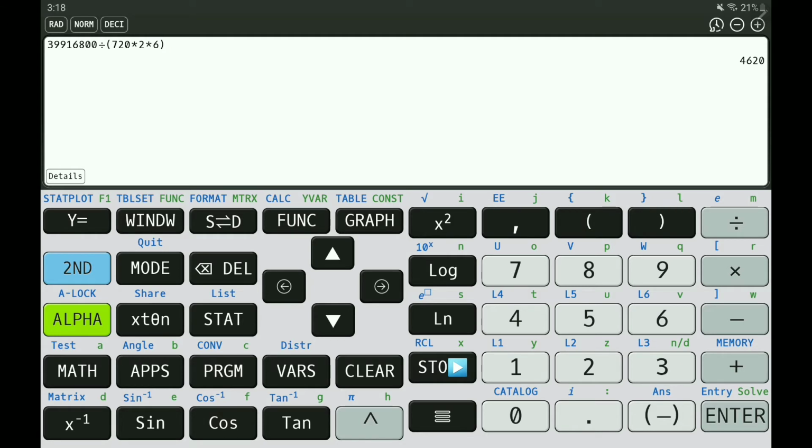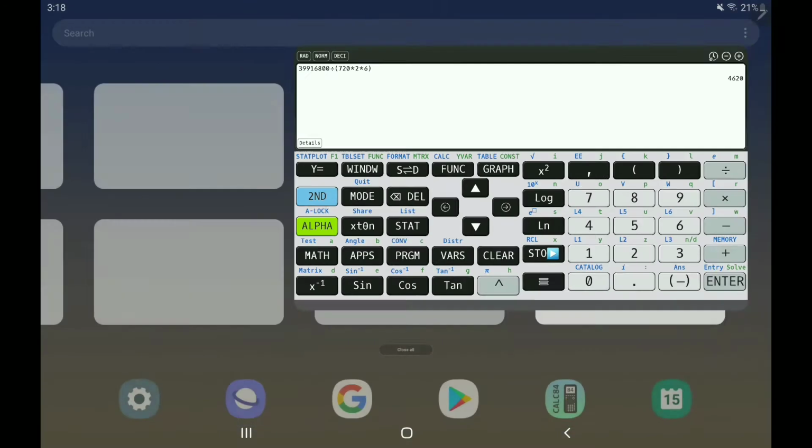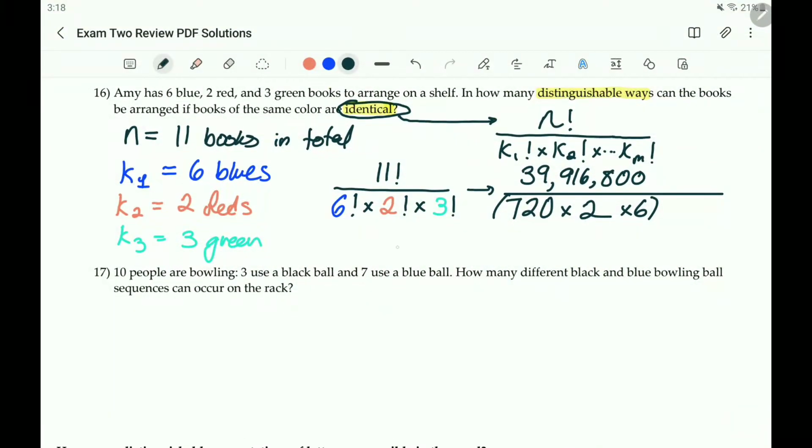And the overall answer is going to be 4,620 different ways. Put that right here: 4,620 ways. And that is the answer to this question.